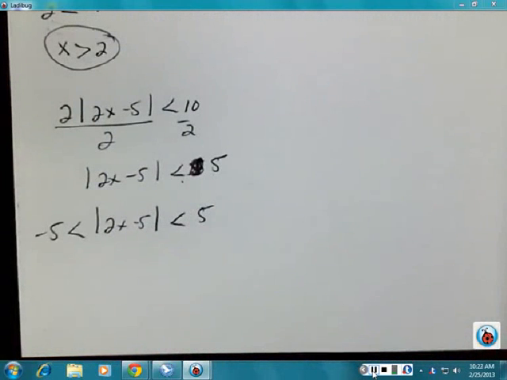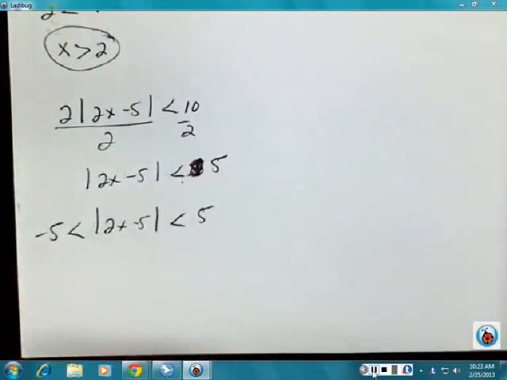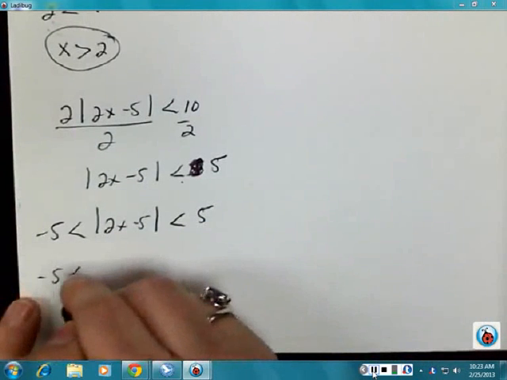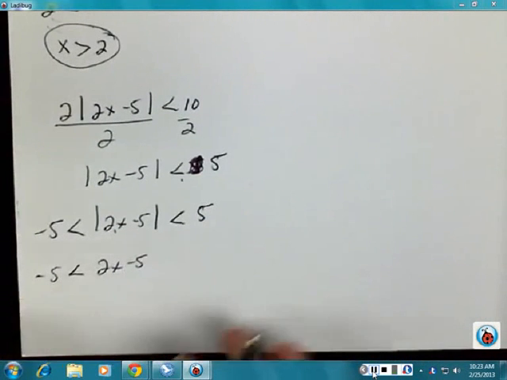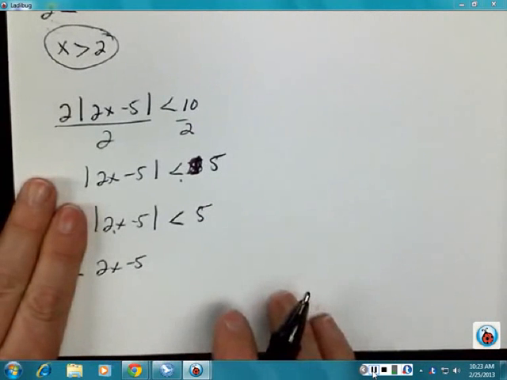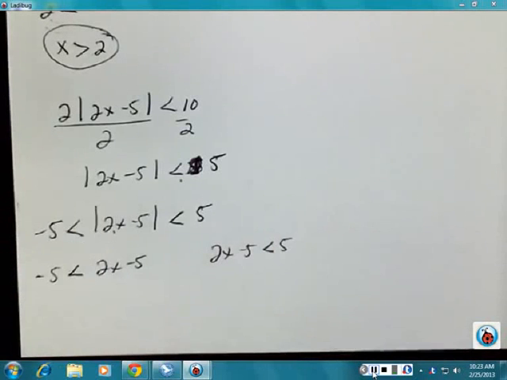So now if I want my two equations, it's this equation: negative 5 is less than 2x minus 5, dropping my absolute. Then if I want my second equation, 2x minus 5 is less than 5.